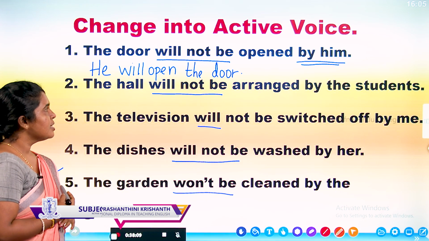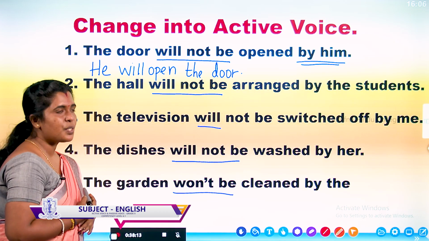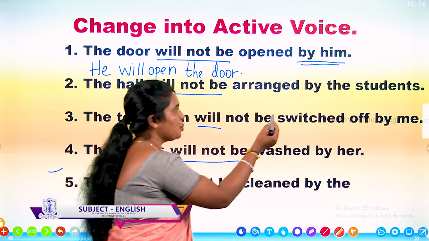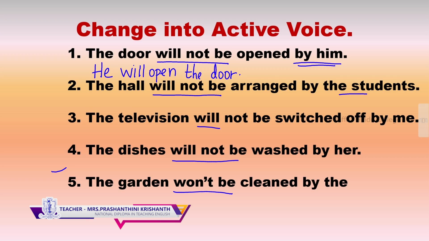So the active voice is he will open the door. Number 2, the hall will not be arranged by the students. Now take the doer first here, the students, right? This is the subject, the students. Helping verb will. This is negative, right? So we have to add not.